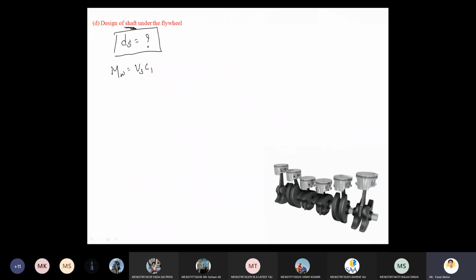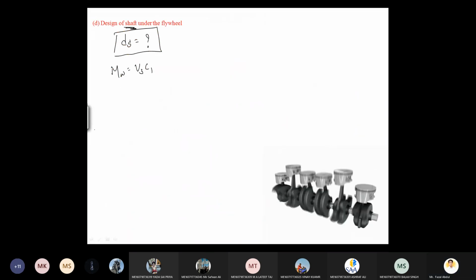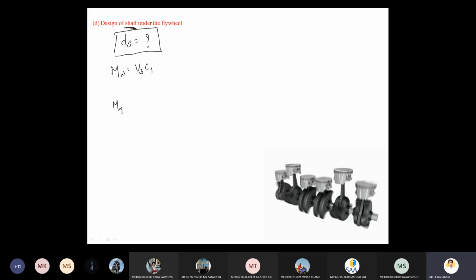V3 into C1, and the bending moment due to belt tension, that is H3 dash into C1. So here, bending moment due to the wheel weight and bending moment due to the belt tension, two separately I am calculating. These two bending moments act at right angle to each other. So the resultant bending moment, how much?